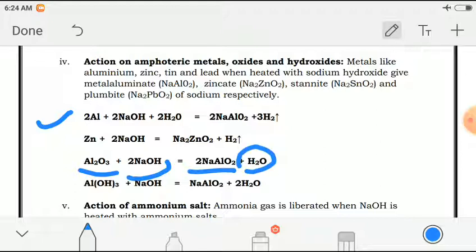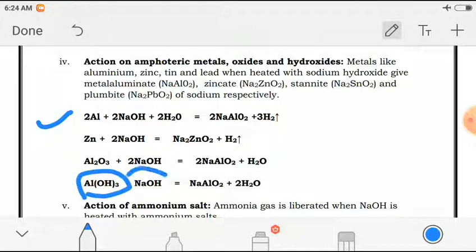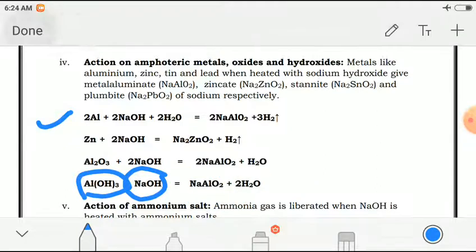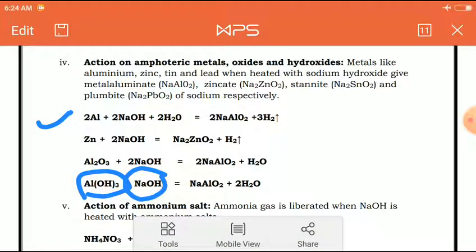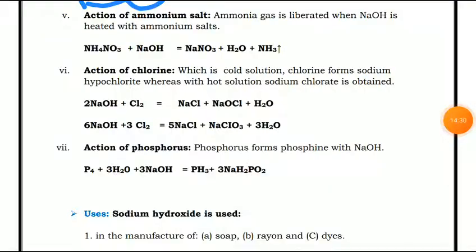Now last reaction, in this case aluminum hydroxide reacts with the NaOH, which gives NaAlO2, that is metaluminate, plus H2O. So these are the total 4 reactions when the sodium hydroxide reacts with the metal.